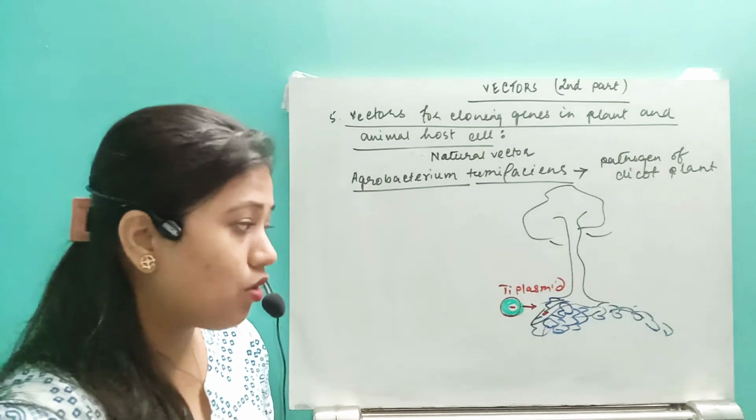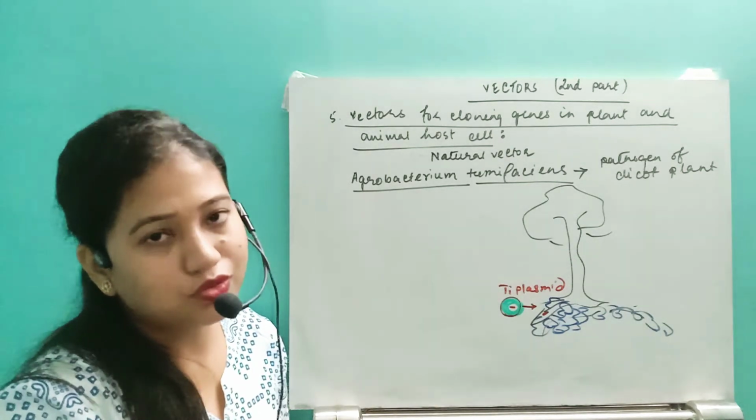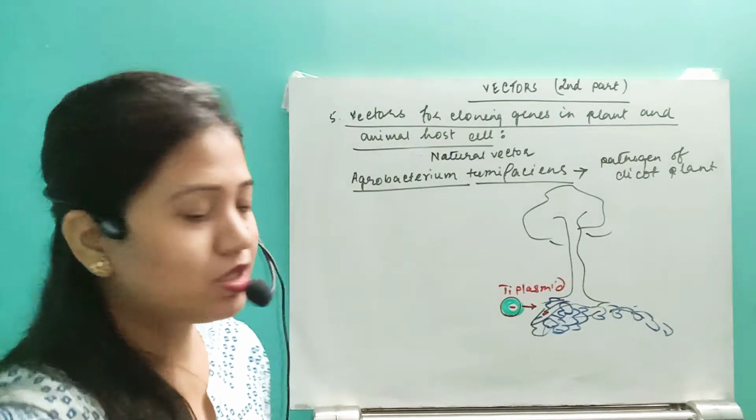Whenever those tumors grow, Agrobacterium tumefaciens also benefits. Why is it transferring this Ti plasmid into the root?